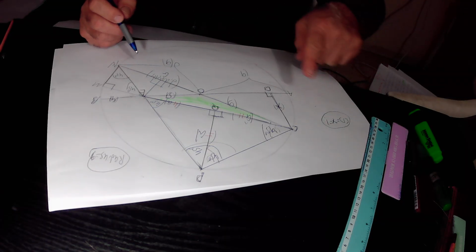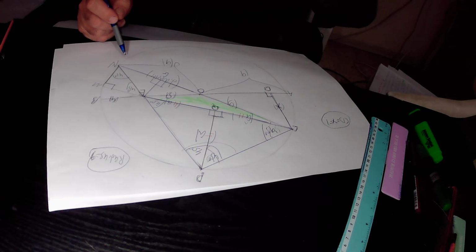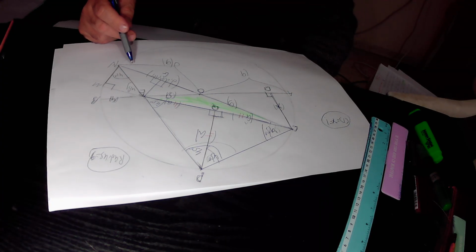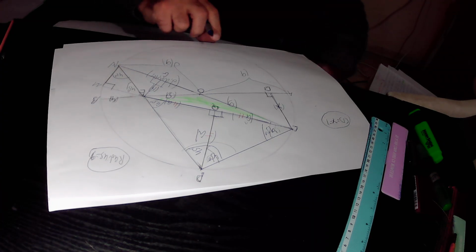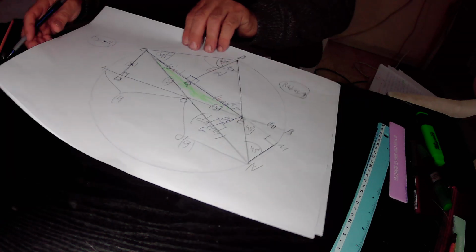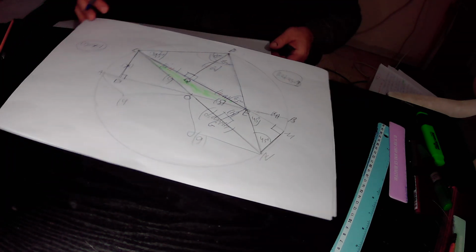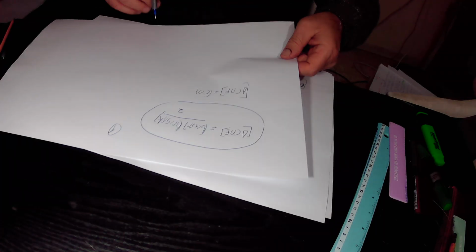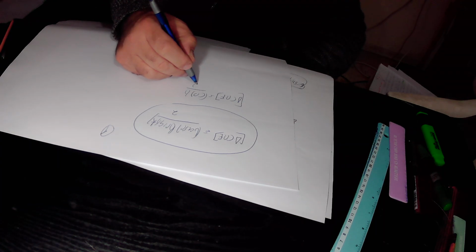Again, EG is the height to the base CO. Therefore, we define EG as h, abbreviation for height. So in total, we found out that the height to the base of the green triangle COE equals h.